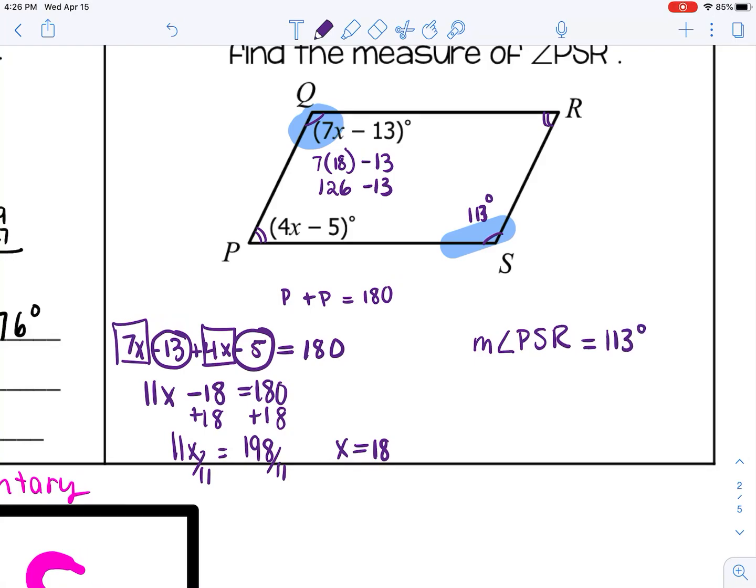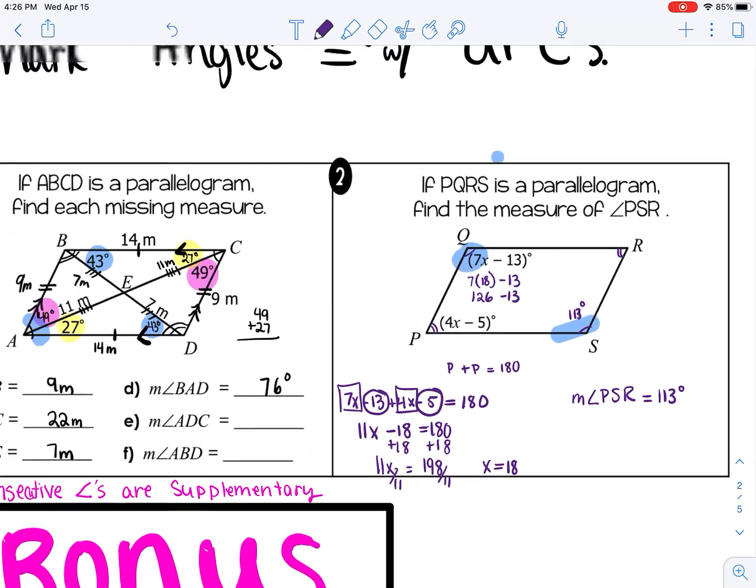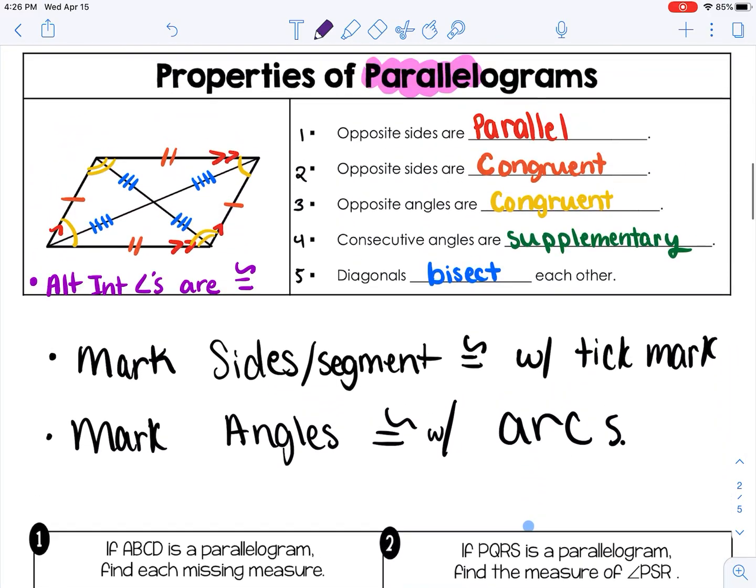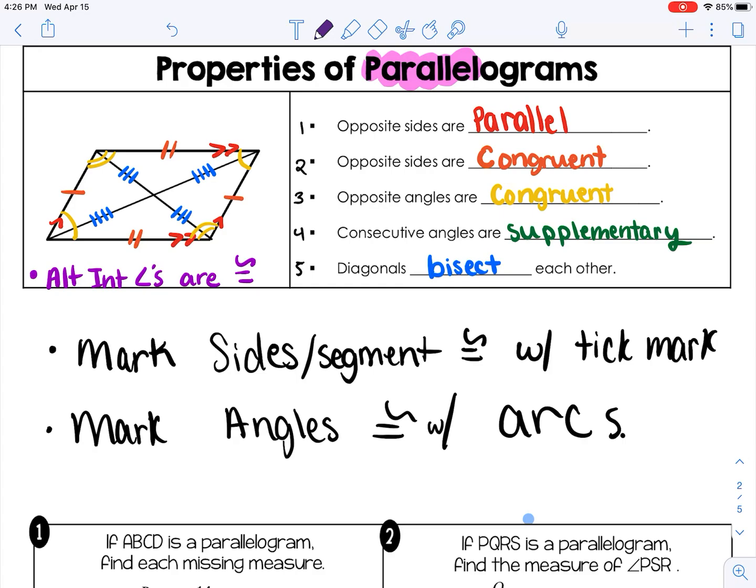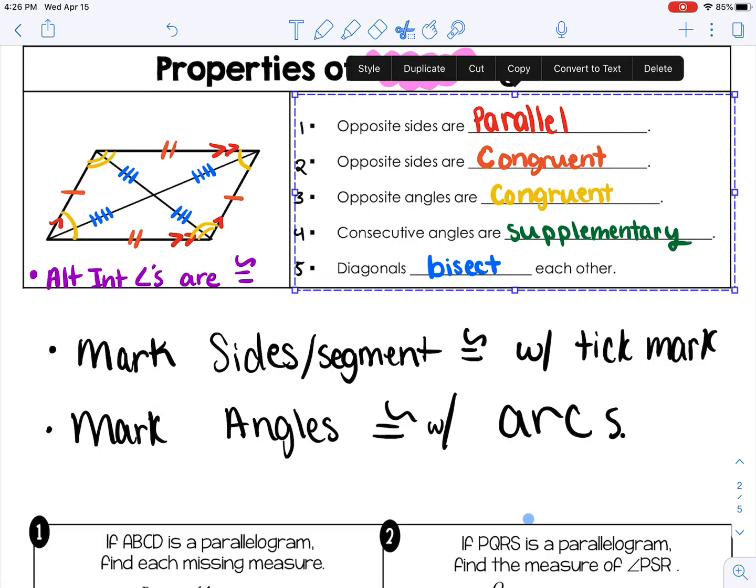Now, before we end this video, I really quickly want to talk to you about some very special parallelograms. So these properties, these 5 properties, work for every single parallelogram in existence. So these 5 work.